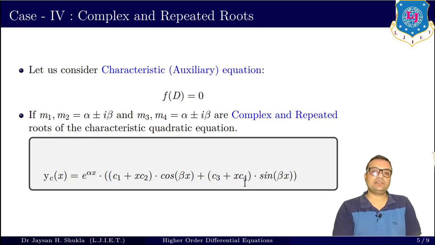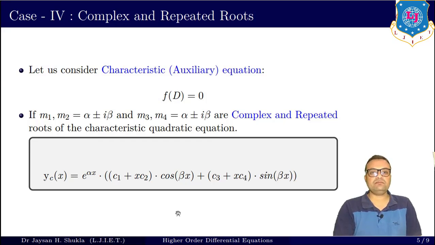So remember, if there are complex roots, there will be an exponential function as well as trigonometric functions. And if your roots are repeated, you need to club the constants. So again you can see clearly for 4 roots, there are 4 arbitrary constants. This is how we should remember the repeated complex roots case.